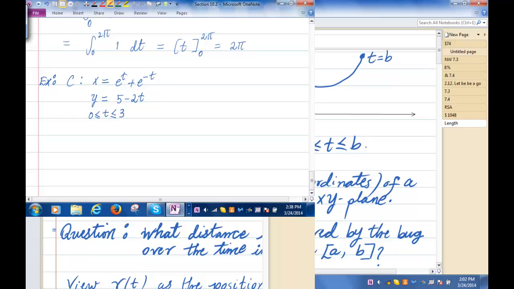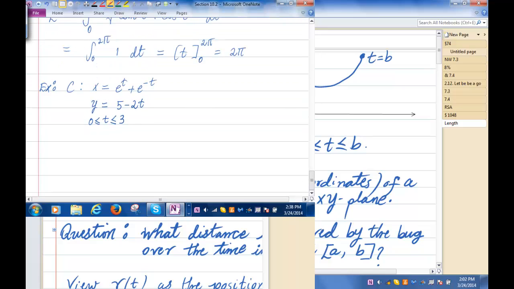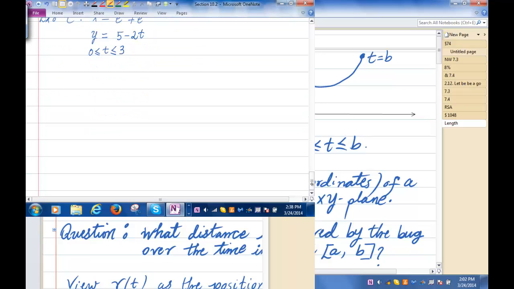Okay, so this time what would be the length? The integral will go from 0 to 3.